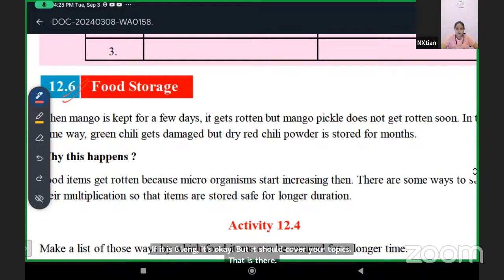I'm not putting a limit on the number of slides. That's up to you. 4 slides, okay. 5 slides, okay. 6 slides, fine. If it's going to 10, 15, 16 slides, up to you. Whatever suits you. But it should cover your topic.